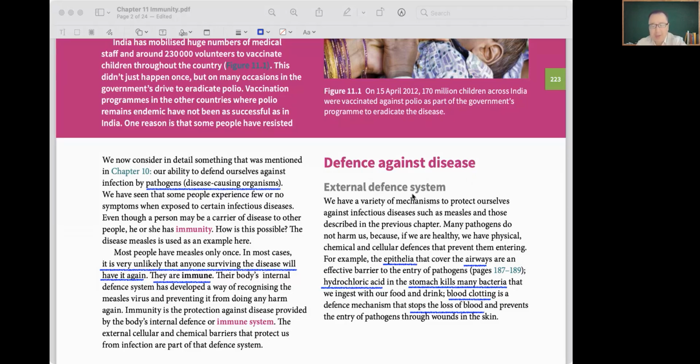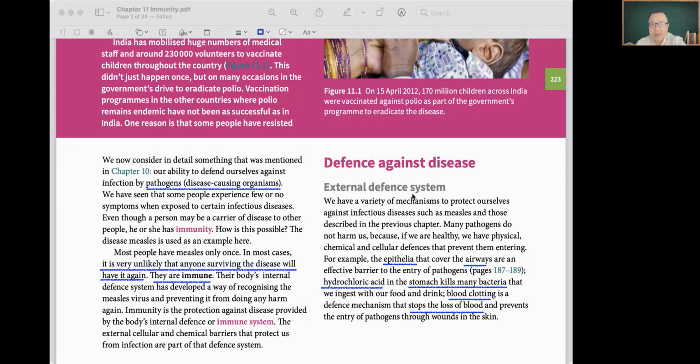When a pathogen wants to get into the human body, the skin is the first barrier to protect the body against viruses or bacteria.